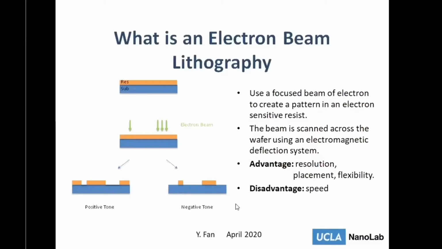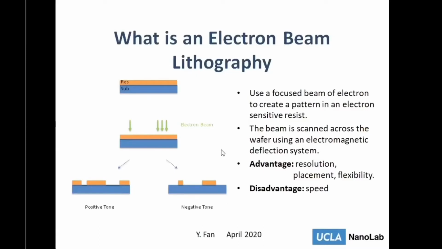The optical one uses light to shine, and for the e-beam we use an electron sensitive resist. So by now you will see that the main advantage of the e-beam is the resolution, because the beam can be focused very well, so the resolution can be very high.